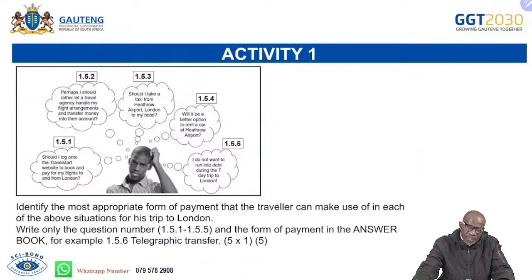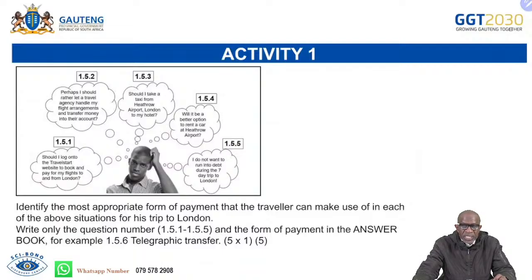This is just one of the scenarios in the form of speech bubbles. As you can see, 1.5.1 says, should I log on to the travel website to book and pay for my flight to London?